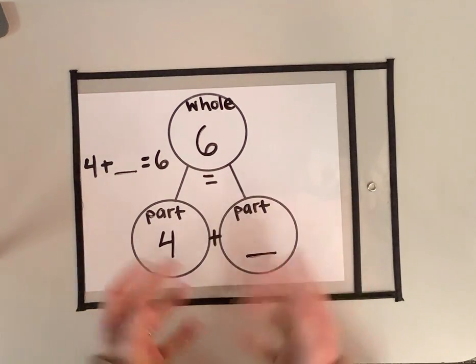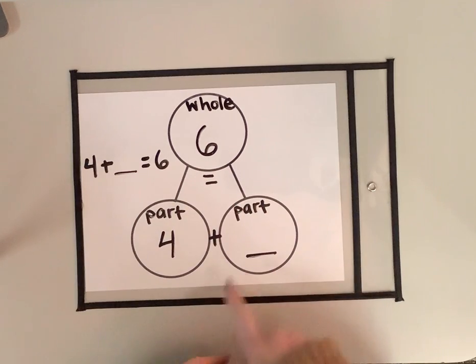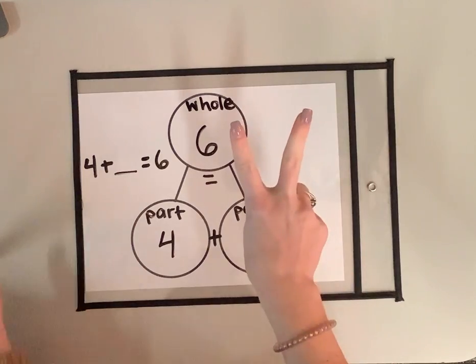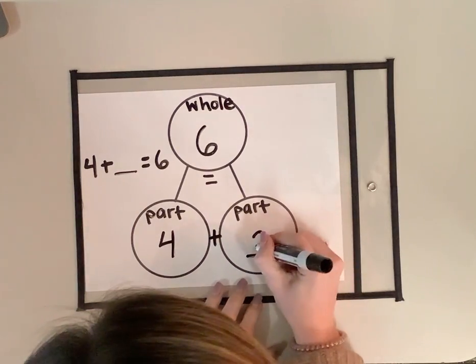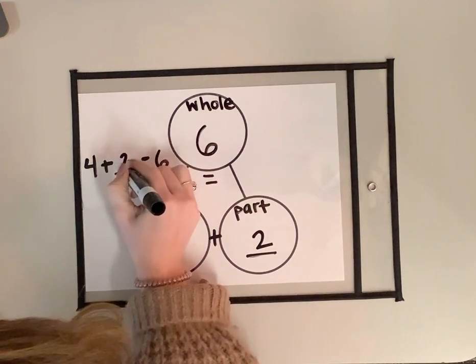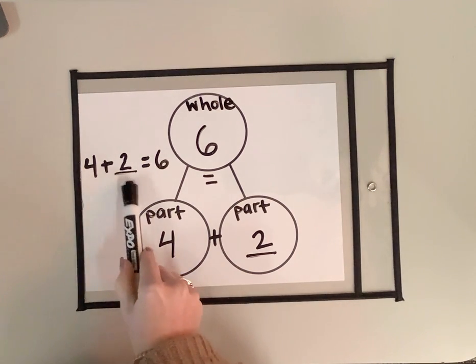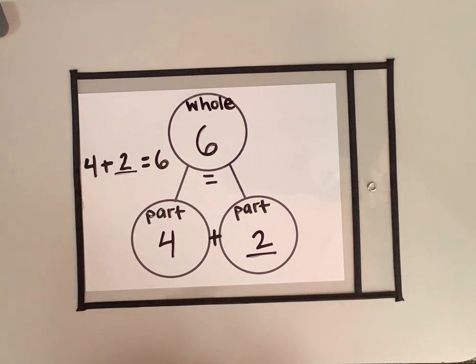However many fingers I'm holding up when I get to 6 is my change. Start at 4, 5, 6. My change is 2 because I was holding up 2 fingers when I got to 6. 4 plus 2 equals 6.